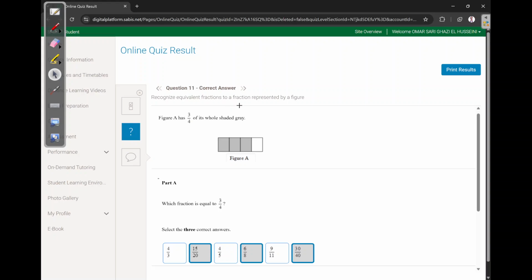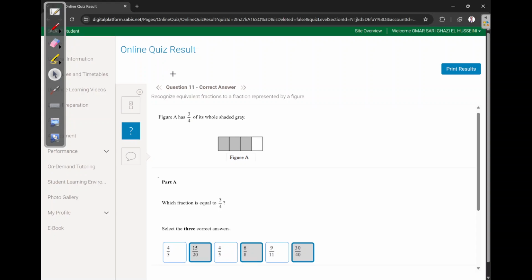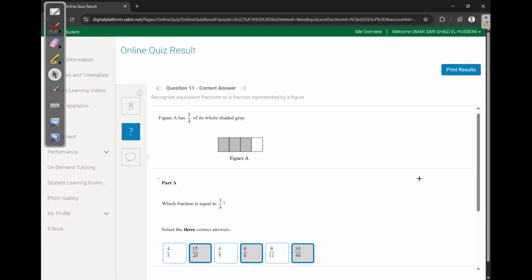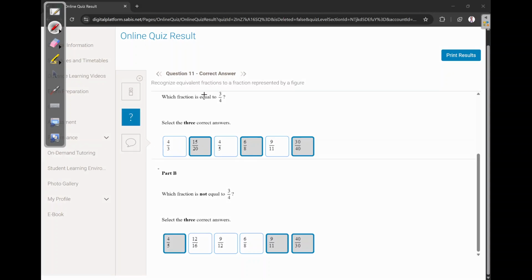Figure A, 3 out of 4 of its whole shaded gray. Select 3 correct answers. Which fraction is equal to 3 out of 4? We times it by 5, and then we also times 3 by 5, so it's 20.